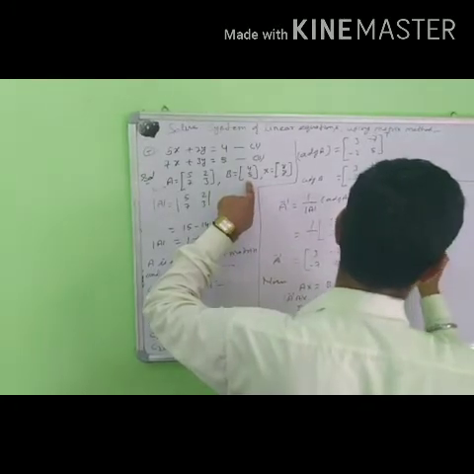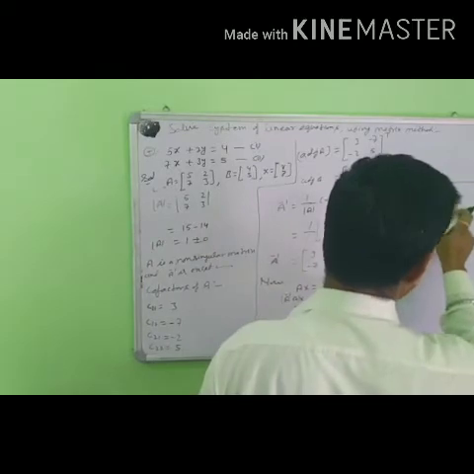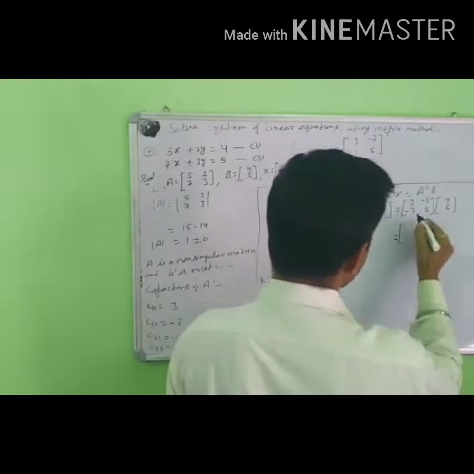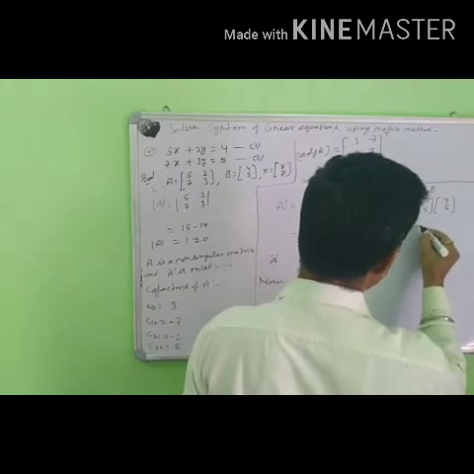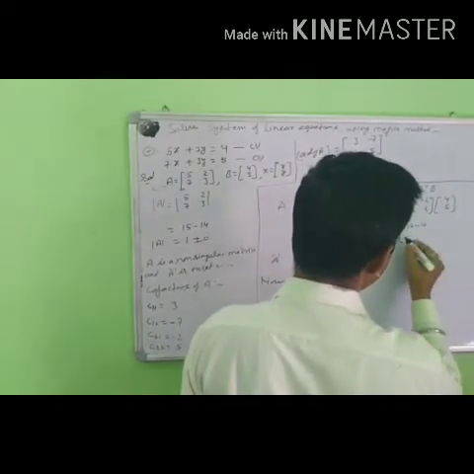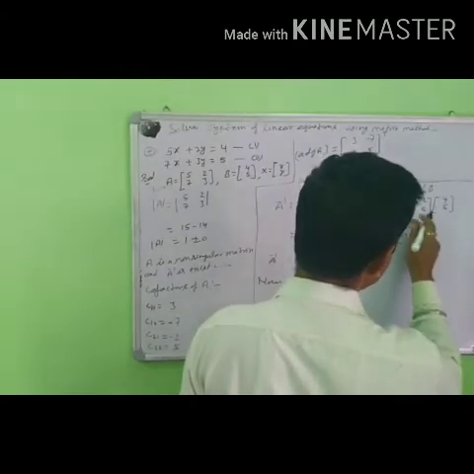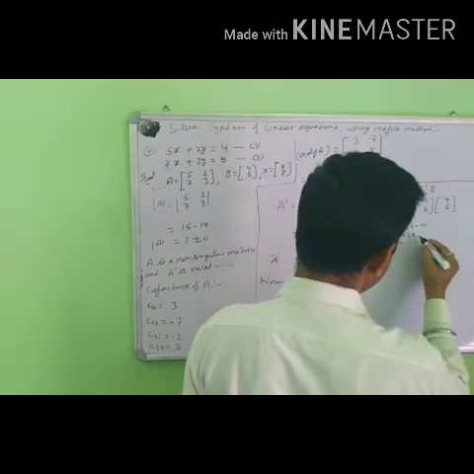Multiply and get the answer. First row, first column: 3 times 4 is 12, and minus 2 times 5 is minus 10. Second row, first column: minus 7 times 4 is minus 28, and 5 times 5 is 25.